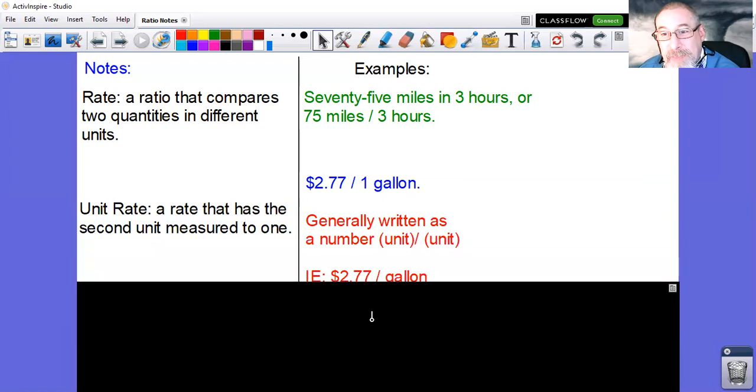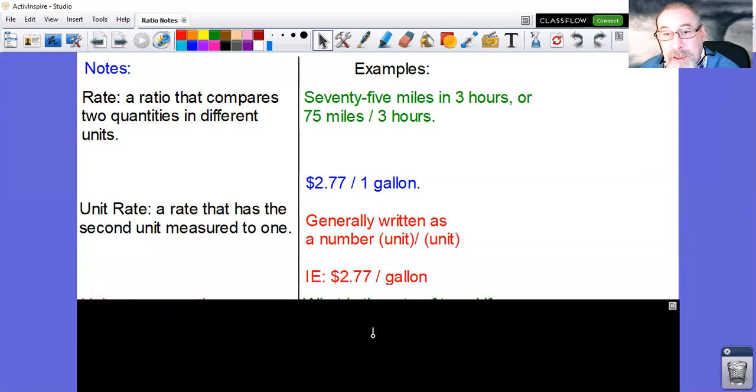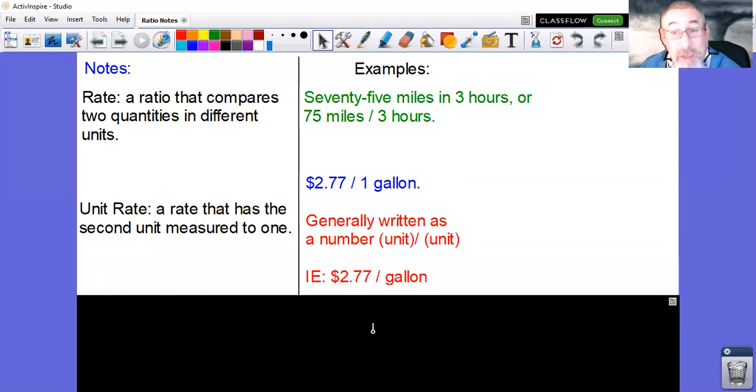Now, we can take that rate and make it even further defined as a unit rate. So we start off with a ratio, the comparison of two quantities by division. We define that a little more and we call it a rate, which is a ratio that compares two quantities in different units.